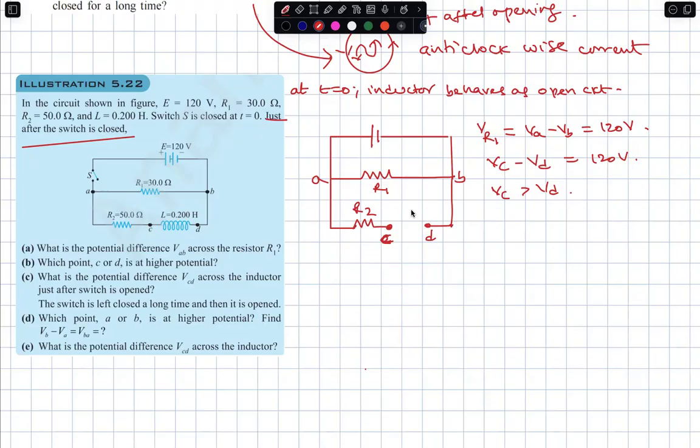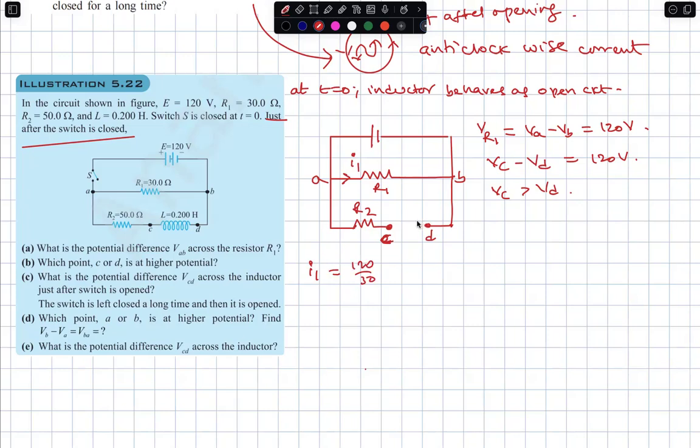Similarly, a capacitor initially behaves like a conductor, and a long time after closing the switch it behaves like an open circuit, whereas the inductor is the reverse. This is the circuit actually. So the entire current will pass through in this way. Therefore, I1 is nothing but 120 by 30.